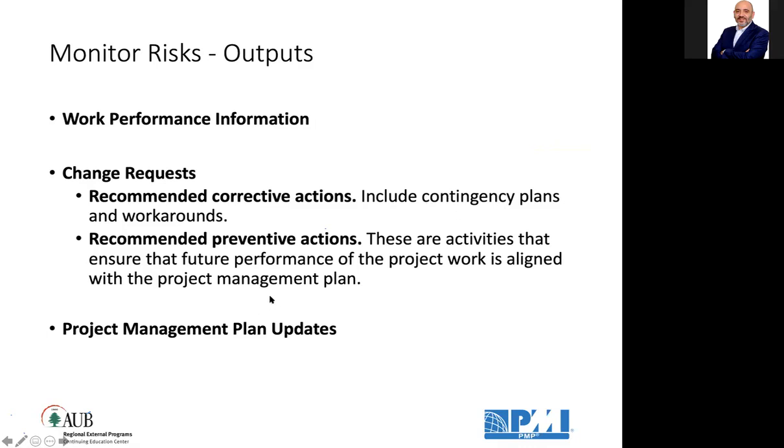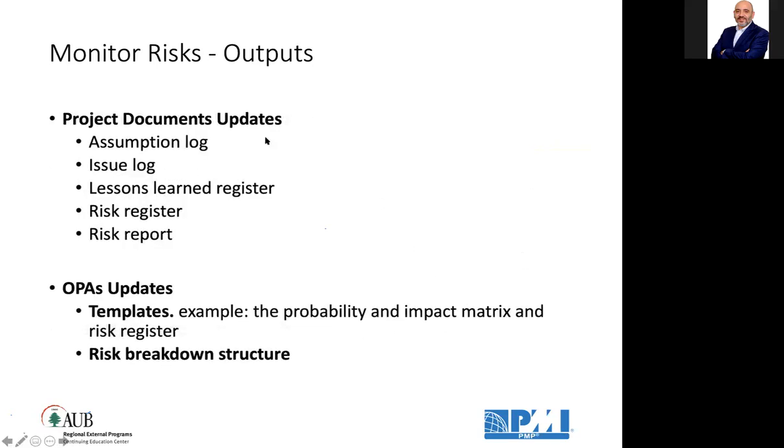It outputs recommended preventive actions, those activities that ensure that future performance will be aligned with the plans. And updates on the project management plan. It also outputs updates on the risk register, which risk increased, which changed, what its status is, how much we have spent as a response strategy, etc. It outputs updates on templates, for example the probability and impact matrix could be updated or the risk register template could be updated. And an update on the risk breakdown structure.